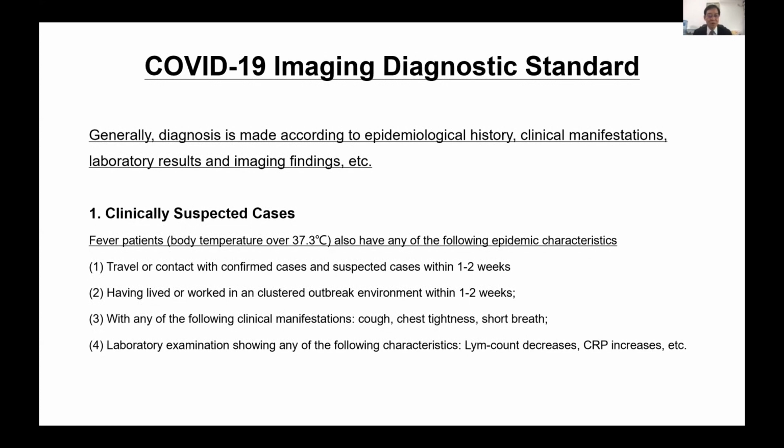Having lived or worked in a clustered outbreak environment within 1-2 weeks, with any of the following clinical manifestations: cough, chest tingling, short breath. 4. Laboratory examination shows any of the following characteristics: lymphocyte count decrease, CRP increasing.